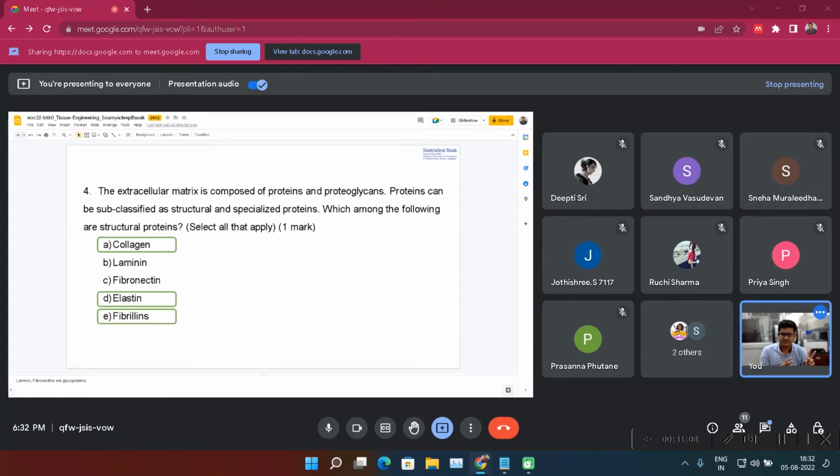These are two different things. Proteoglycans and glycoproteins. What do you think?